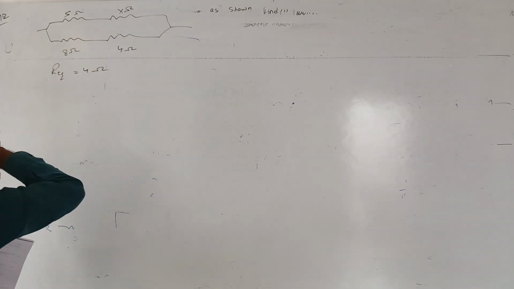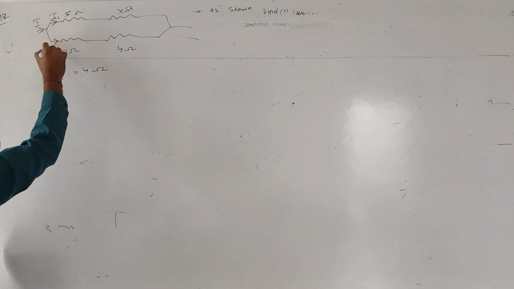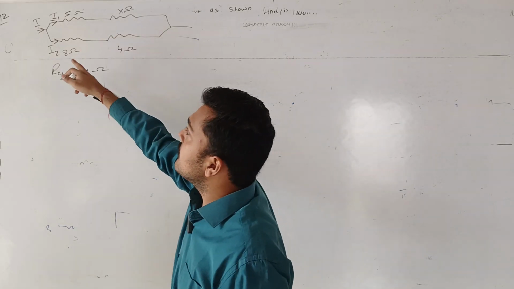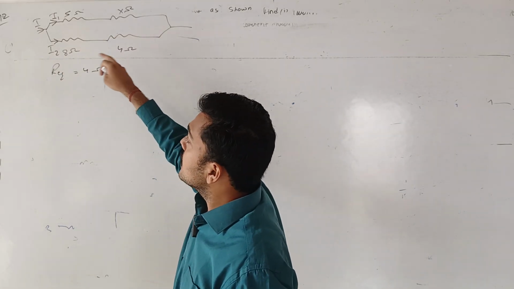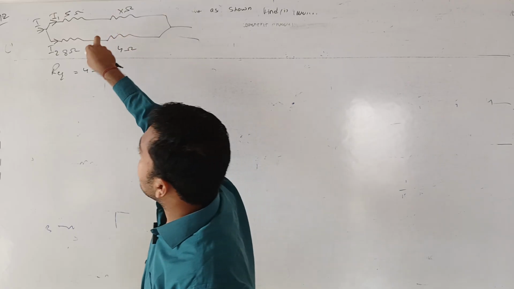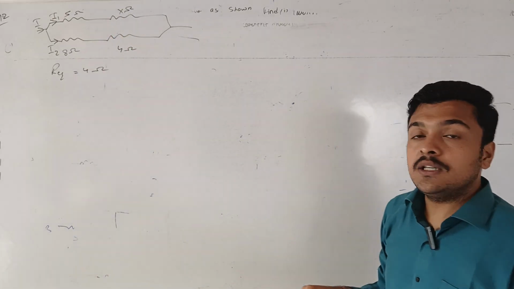If the current I is coming in here, it will get divided into I1 and I2. The same current I1 will flow through 5 and X, and the same current will pass through 8 and 4. Therefore 8 and 4 are in series, and 5 and X are in series, and these series combinations are in parallel to each other.